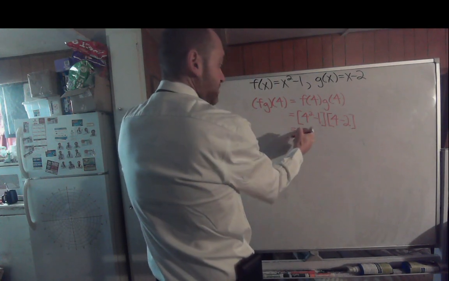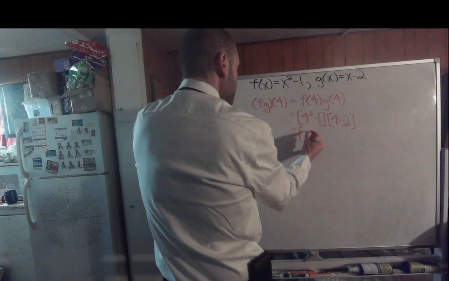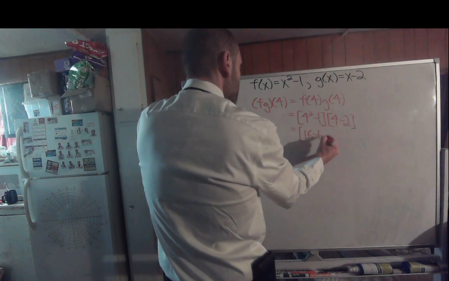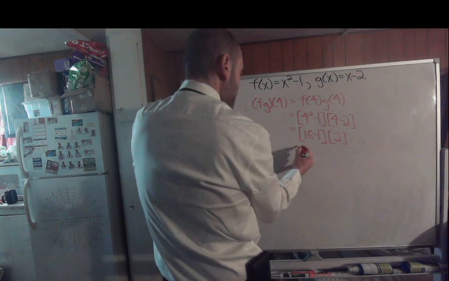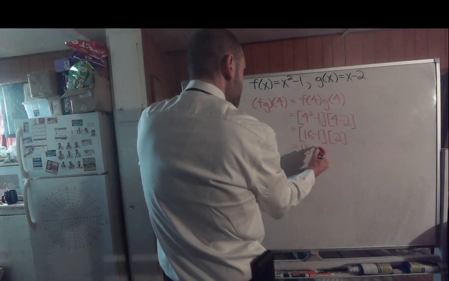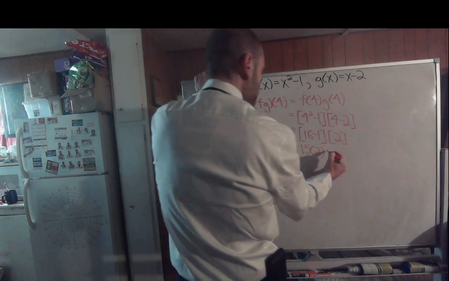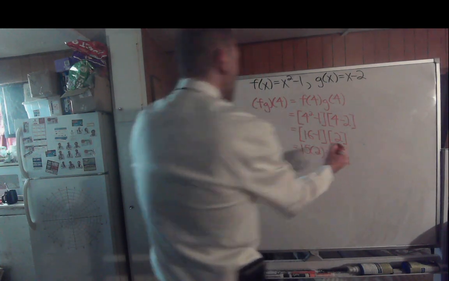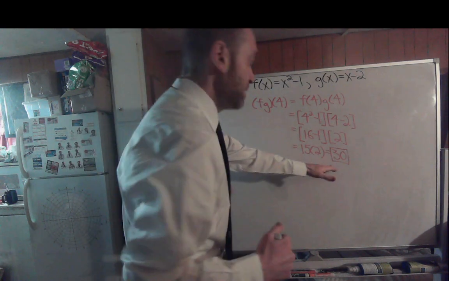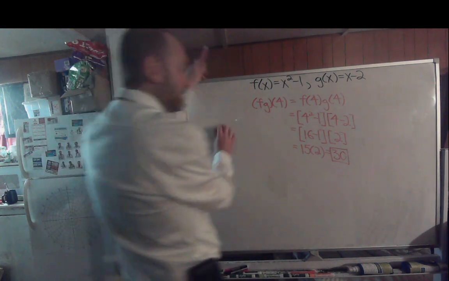So the first set of brackets, you would get 16 minus 1 times 2. Well, that would just give you 15 times 2, which would be 30. So fg of 4 would end up being 30 by the time you work that out.